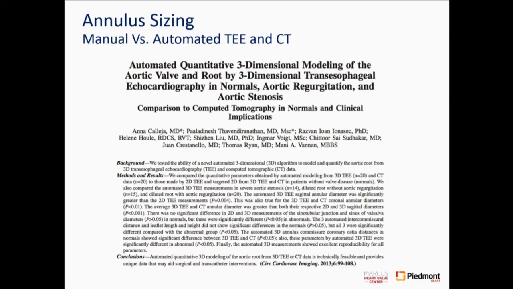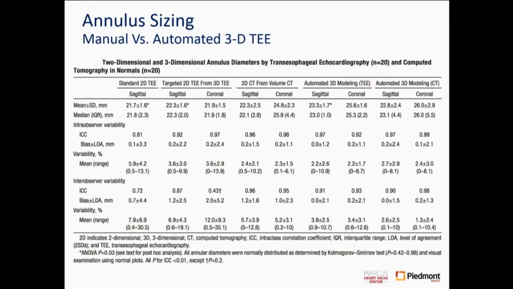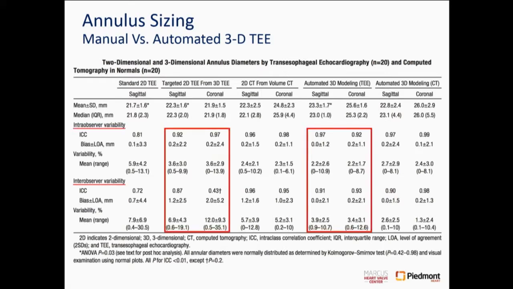So just as a little bit of background as to where we started this journey, this was a few years ago now. We first published this paper about 2013, and what we did was validate this automated TEE approach against CT. And as you will see in this data, we actually compared both manual and automated, both for TEE and CT, using the same algorithm because it also works in the CT data.